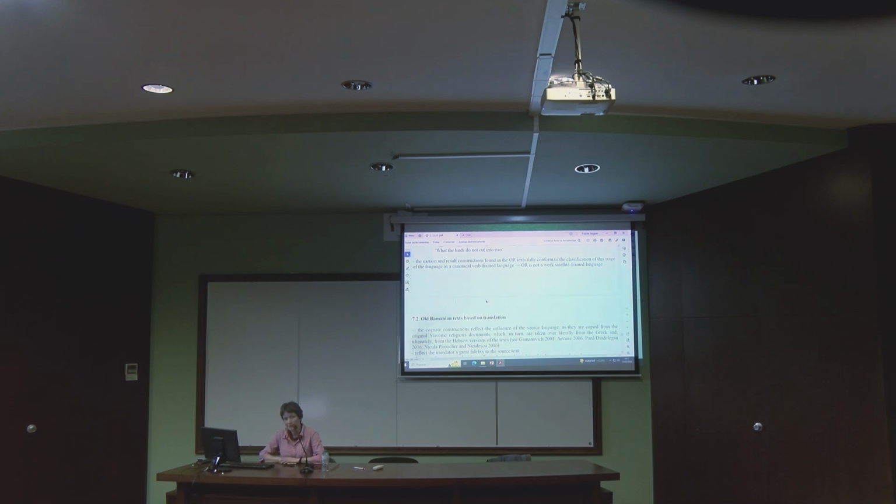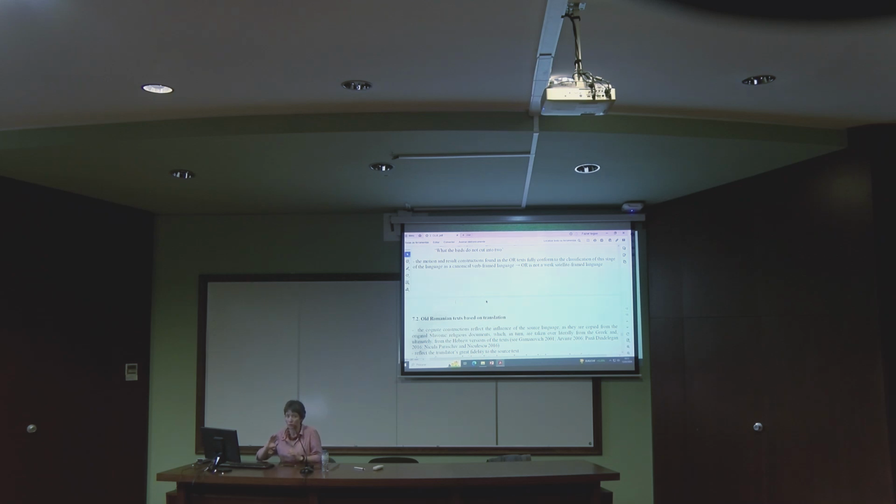The second explanation, and it seems to be the one that does answer most of these questions, is the fact that Old Romanian texts are based on translation. There are also original texts, not only translations, but there is something else that we need to account for when it comes to at least Romanian, at least Old Romanian, at least the spectral cognate object constructions.